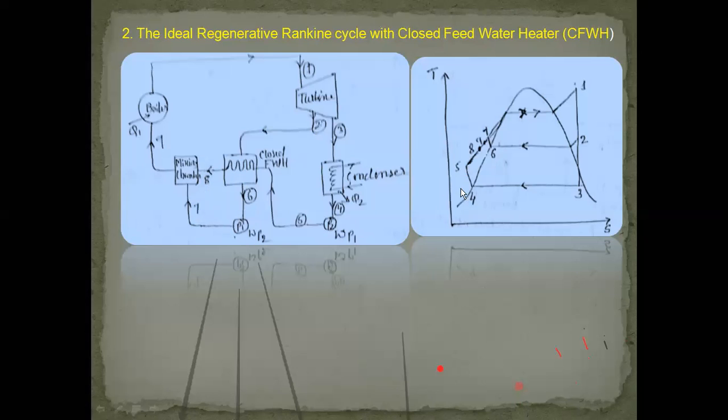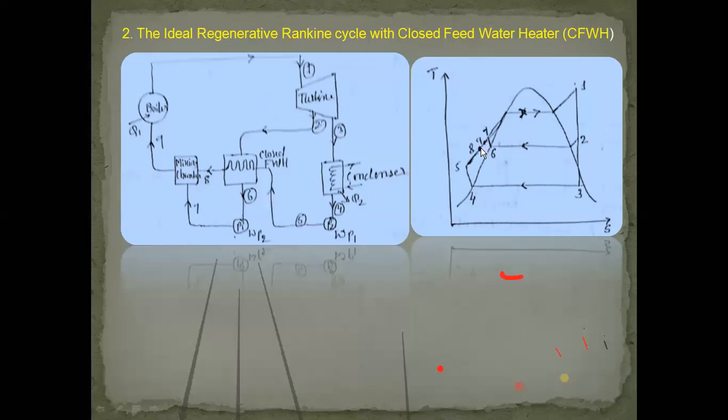So 7 from the pump and 8 from the exit of this pump P1 both get mixed up, and the resulting point is 9 in the mixing chamber.